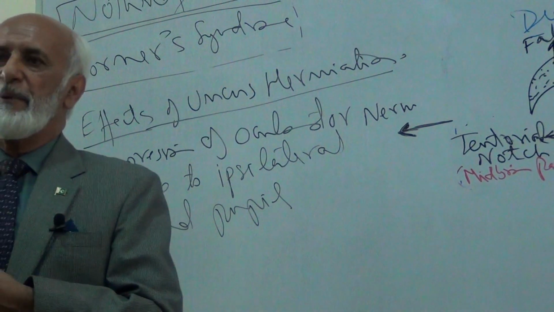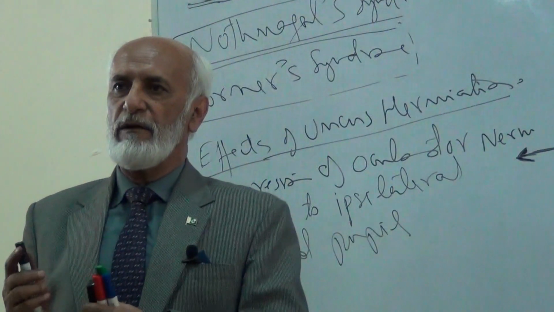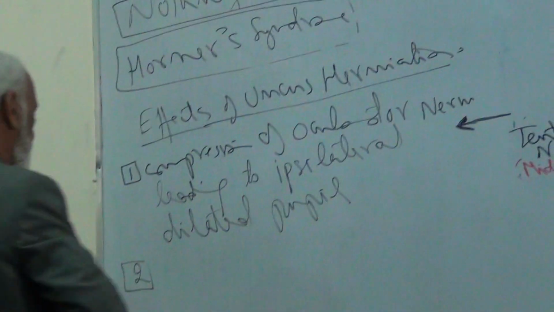Number two, compression of corticospinal fibers in the opposite crus.